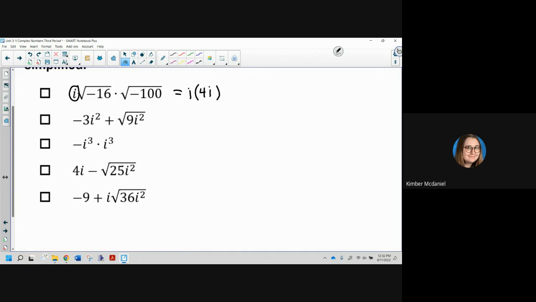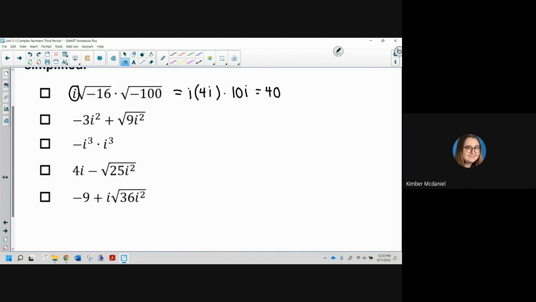Then we have times. And then building off of that, Elijah, what's the square root of negative 100? 10i. Because we've got that negative, so it is 10i. At this point, since we are multiplying, you are going to multiply the coefficients. So 4 times 10 is 40.